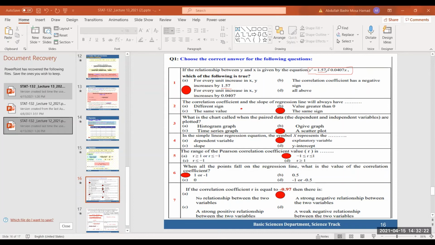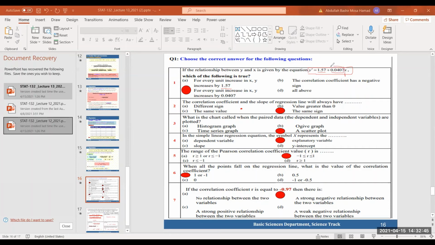Let's take this as the initial value. The initial value of y is 1.57. If we increase x by 1, then y will increase by this, right?